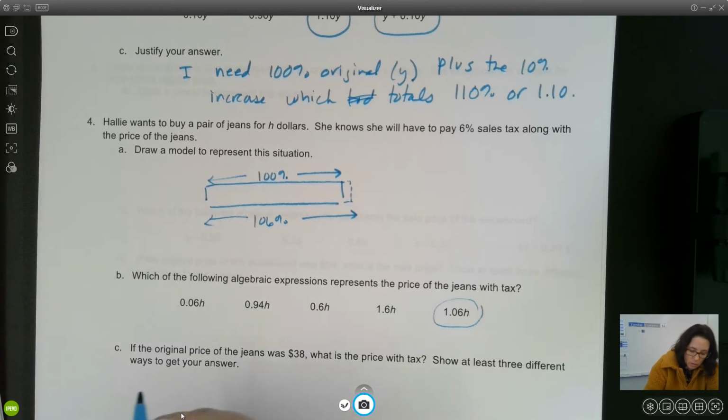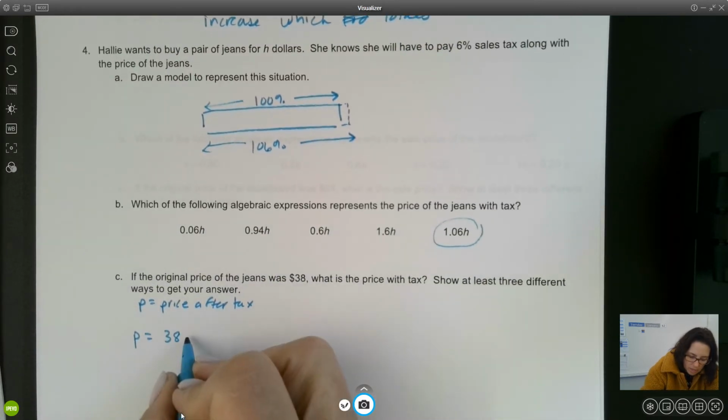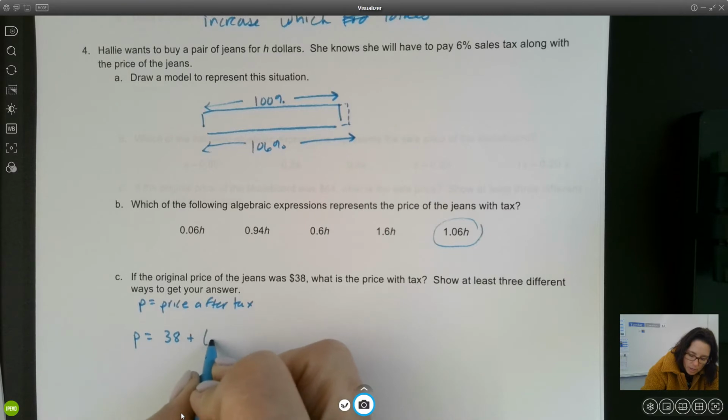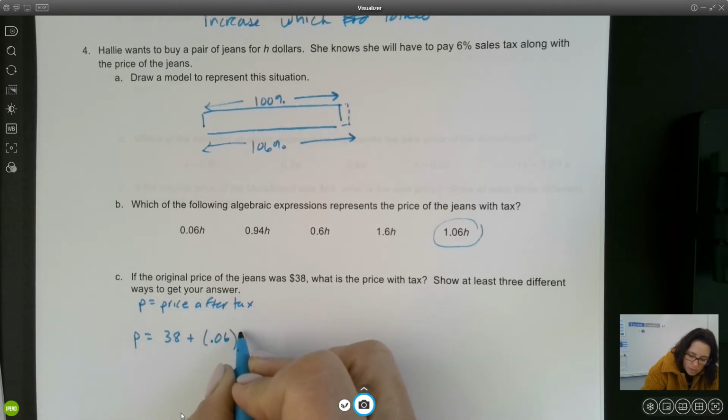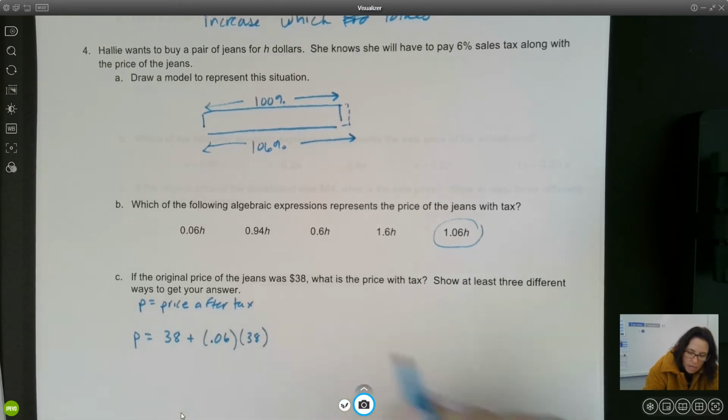All right, so let's let P equal the price after tax. So we've got P equals the $38 jeans plus 0.06 of the $38 jeans.